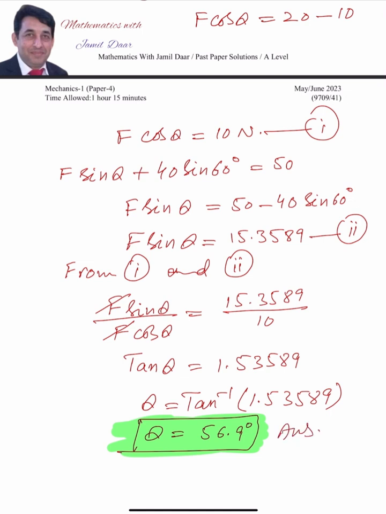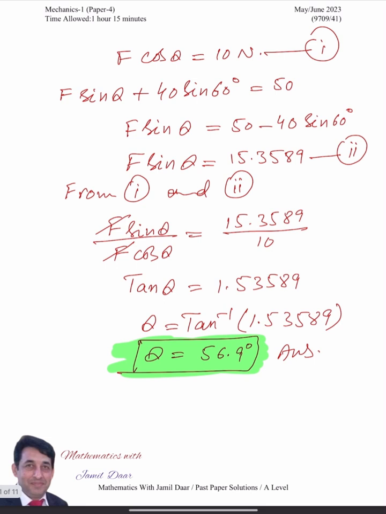So we have to find out the force F by taking this equation: F cos of theta is equal to 10. F cos of 56.9 is equal to 10, and F is equal to 10 divided by cos of 56.9.